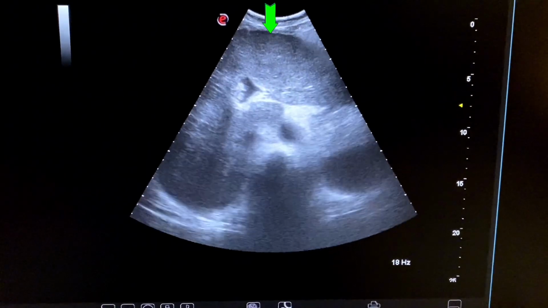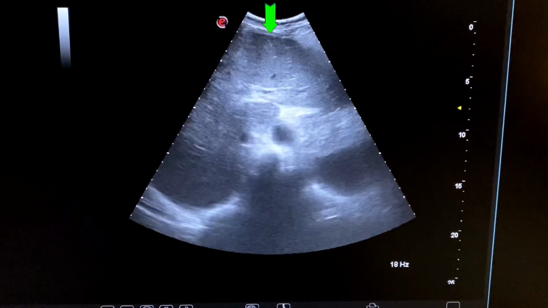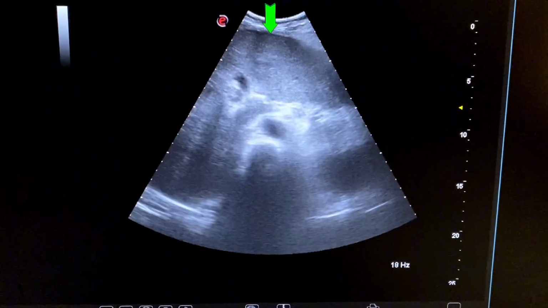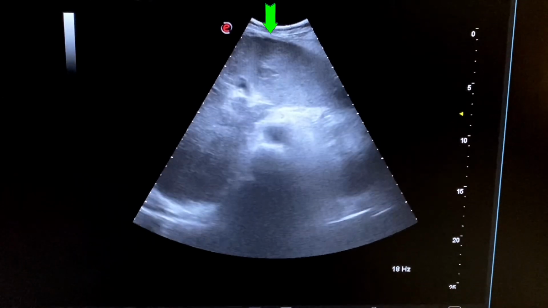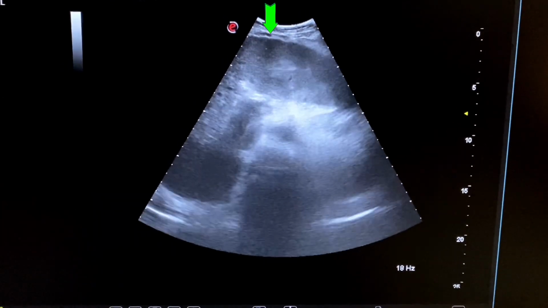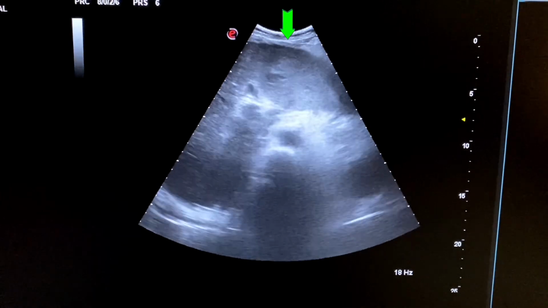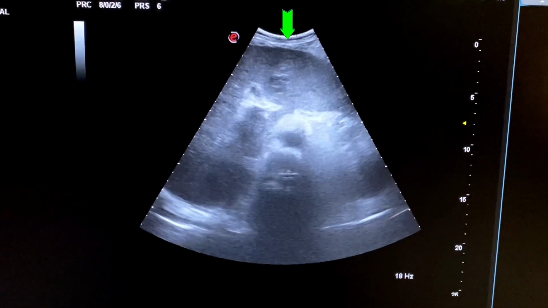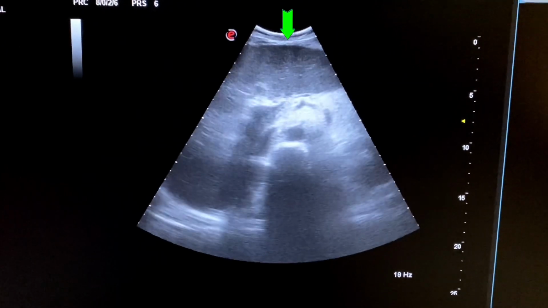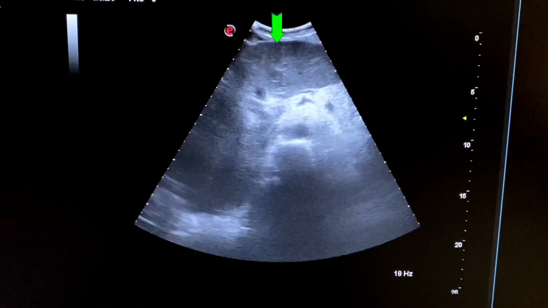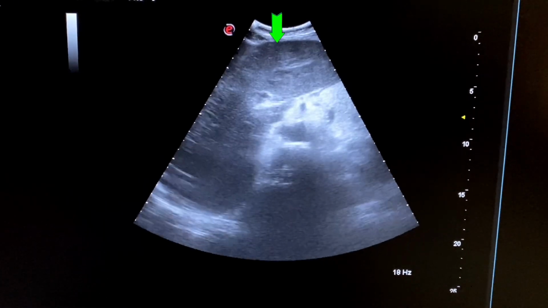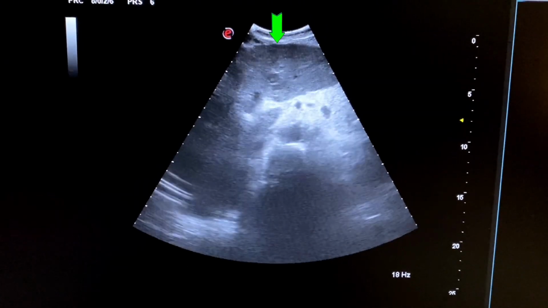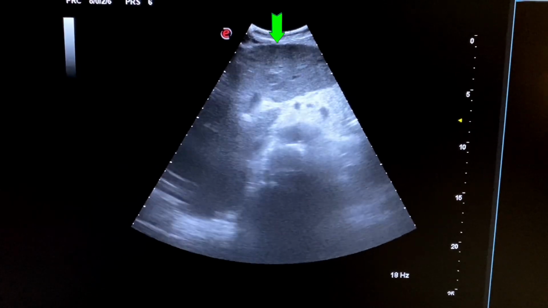Now we see the left lobe of the liver, which shows heterogeneous structure, hypoechoic above or hyperechoic below. The margins of the lobe of the liver are also irregular, which shows some chronic infection.